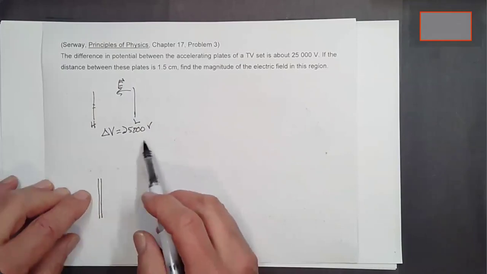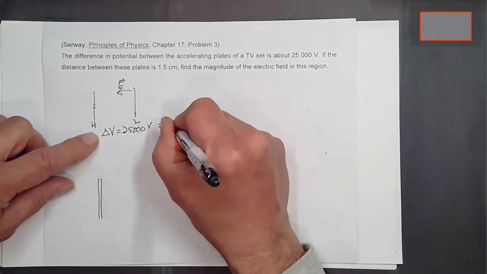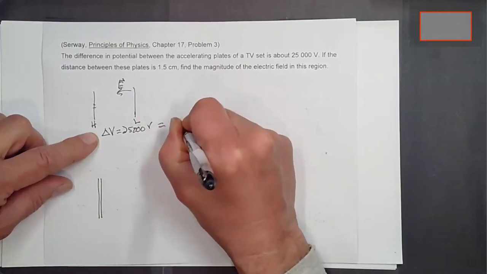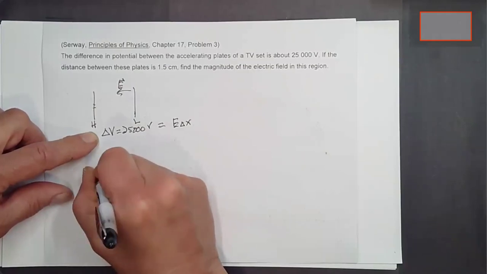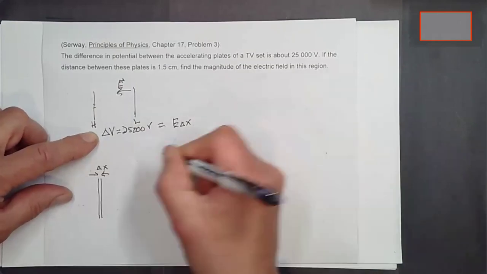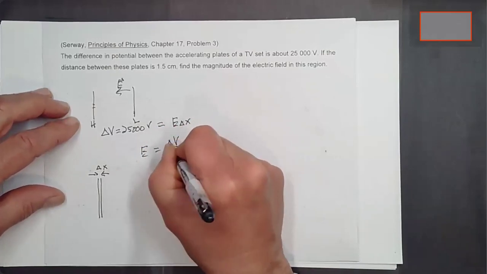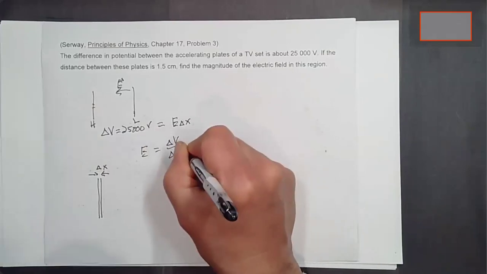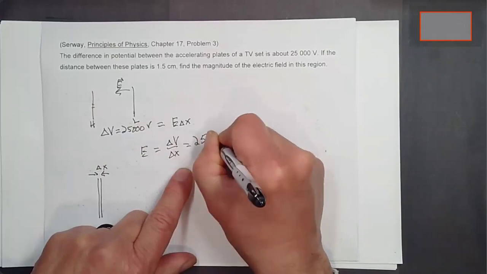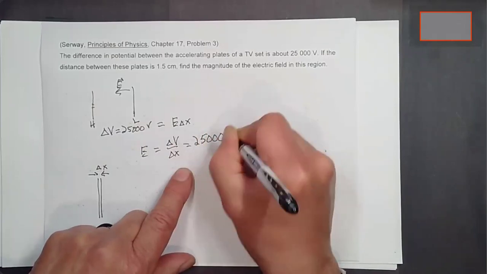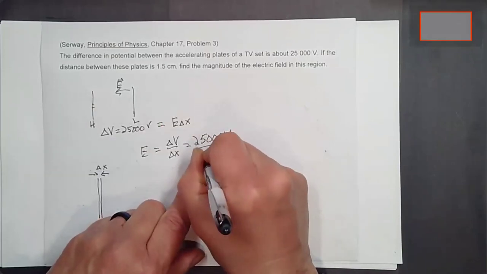And so we have the delta V, which you can think of as being E delta X, and that's the separation between the two plates. And so the electric field ends up equaling delta V over delta X. In this case, we're just dealing with magnitudes. I'm not so worried about directions here. I'll have 25,000 volts over 1.5 times 10 to the minus 2 meters.